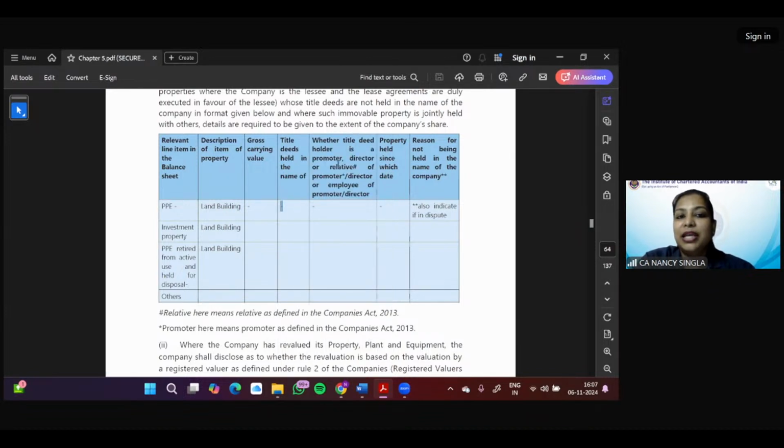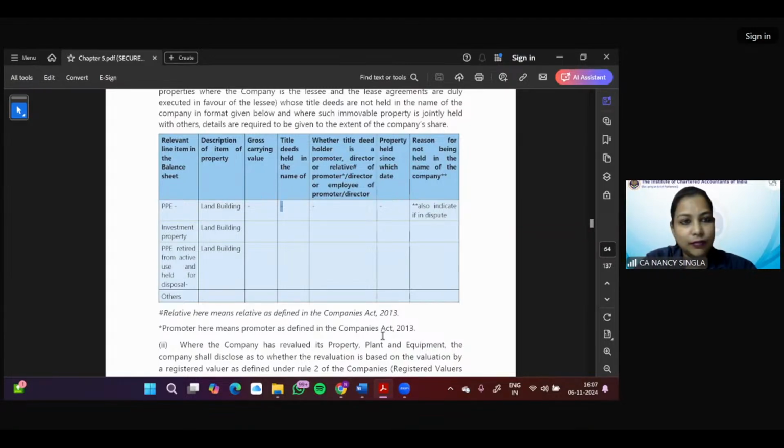So whether Mr. X is a promoter, director, or a relative of the promoter, director, or employee of the promoter, director will be mentioned. And since which date it is held, and the reasons for not being held in the name of the company. If any dispute is going on, that will be mentioned. So indicate the dispute. Relative here means relative as defined in the Companies Act 2013, and promoter here means promoter as defined in the Companies Act 2013.